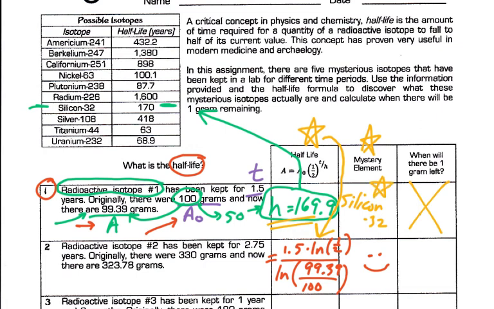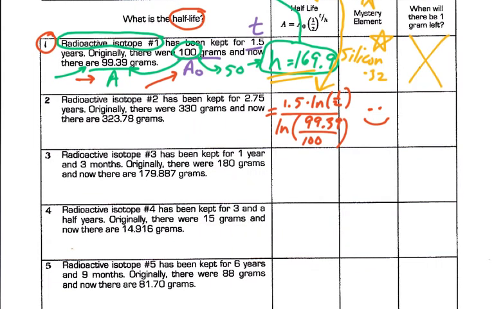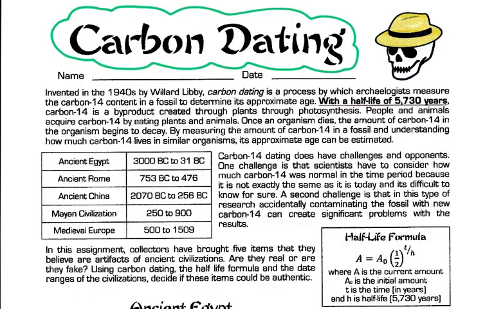So for the rest of the chart here, friends, all you're going to do is plug it into our magic formula that we have now using time, looking at the starting amount and the final amount. And the rest is just, like I said, all calculators, folks. After we learn how to do that, we're going to only stick with one type of isotope, and that's carbon. Carbon is a great thing because it's found in a lot of living things, a lot of organic material.